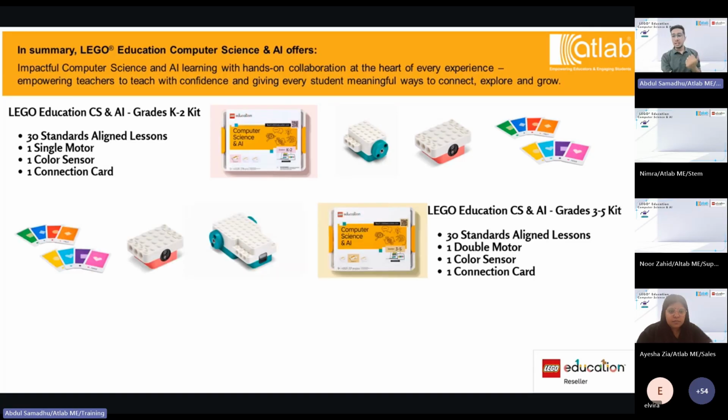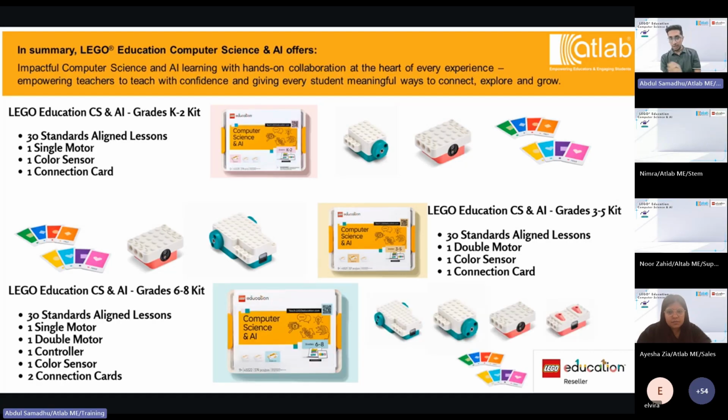The next kit, which is the grades 3 to 5 kit, comes with one double motor and one color sensor. And then it also comes with one connection card. Finally, the highest age band, that is your grade 6 to 8 kit, comes with all the electronics: one double motor, one single motor, one color sensor, and also a controller. Apart from this, you also get two connection cards with this particular kit.